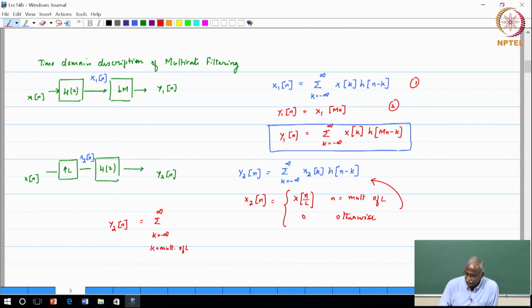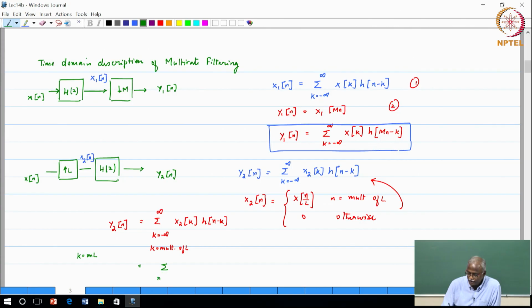So, this would be x2 of k h of n minus k, and whenever you have such a constraint, it is of the form k equal to m times L. K goes from minus infinity to infinity, which means m goes from minus infinity to infinity.